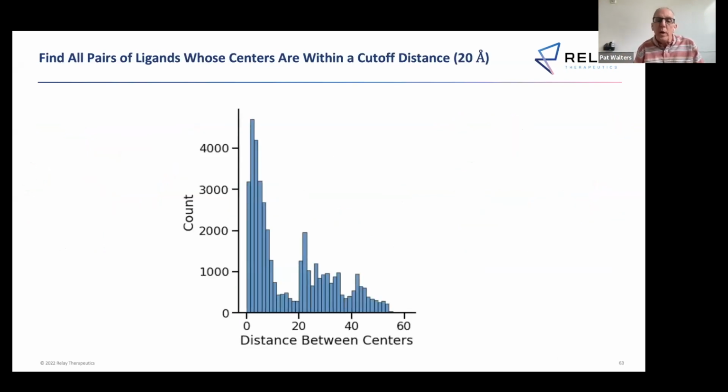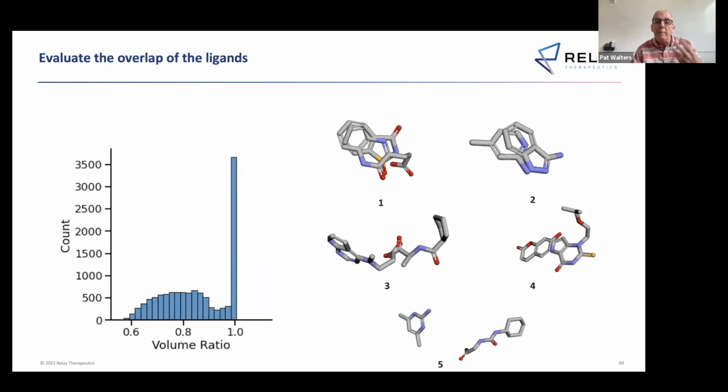Now, we don't really want to consider all pairs of ligands, because some of these are just too far apart. So we picked pairs of ligands where their centers were within 20 angstroms of one another. You don't want things like cases 1 and 2 here, because those are sitting on top of one another. So the combinations are not going to be interesting.